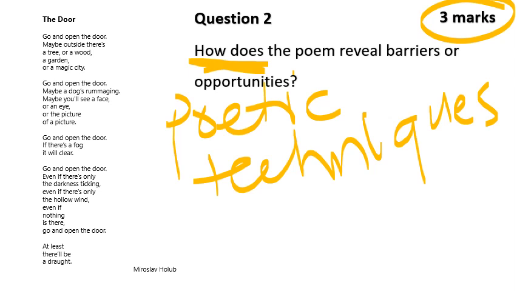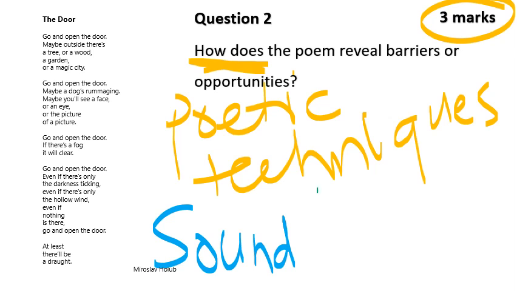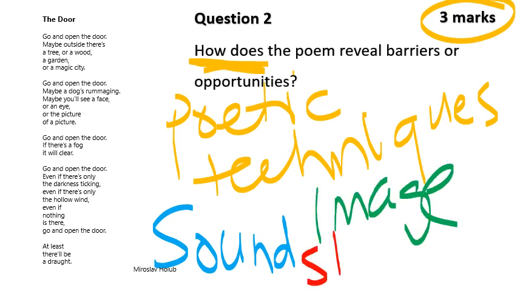So this question where it says how does, it's asking you to analyze. When we analyze, we are looking at all the different parts and the features. So we know that we need to draw on our knowledge of poetic techniques. In poetry, that means that you want to pay attention to sound, image, and structure.